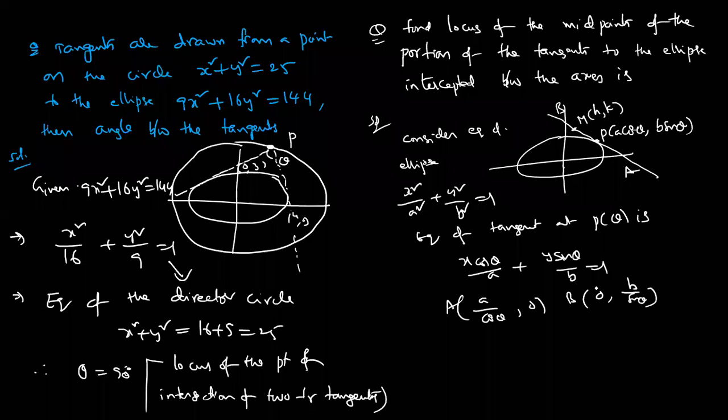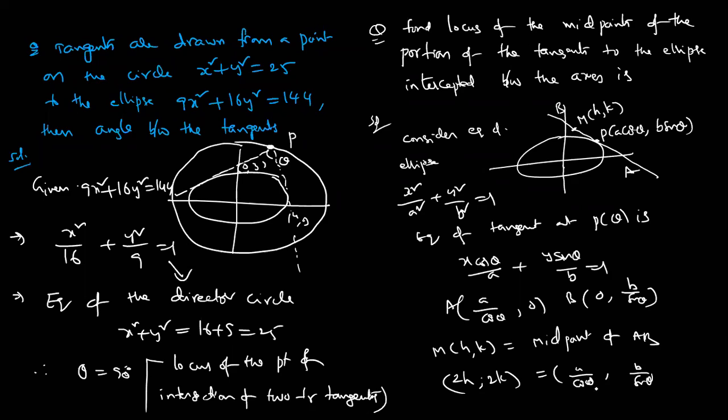Now M(h, k) is the midpoint of AB. So 2h comma 2k is equal to a by cos theta, b by sin theta. Eliminate theta.